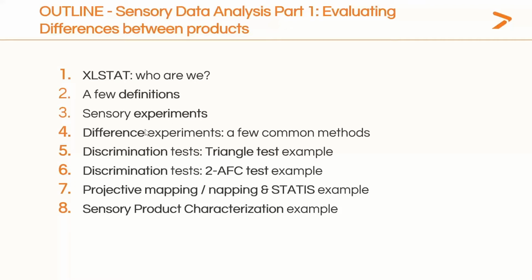Among these experiments, we'll be investigating a few discrimination tests, such as the triangle test and 2AFC. We'll also be talking about projective mapping, which we'll explore through the STATIS data analysis method. And at last, we'll be talking about sensory product characterization, which is used to describe specifically, attribute per attribute, a series of products.